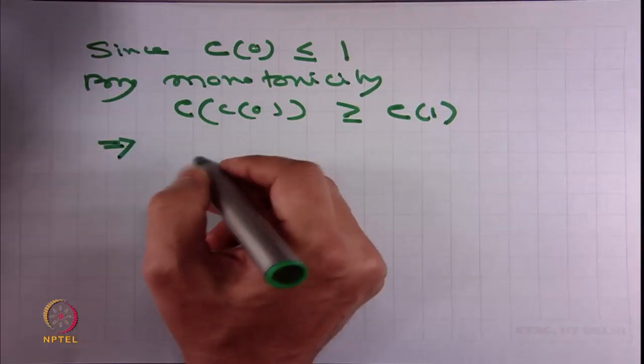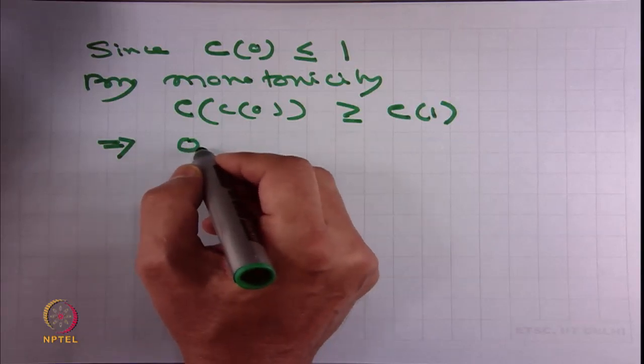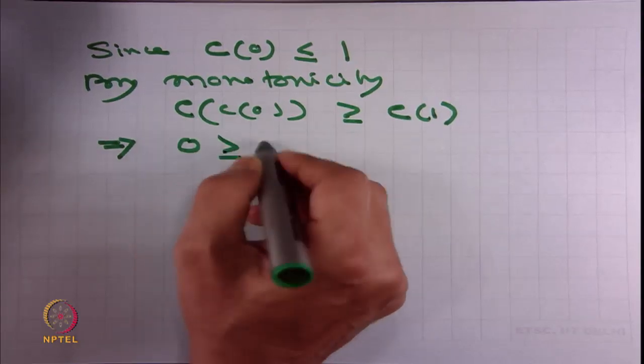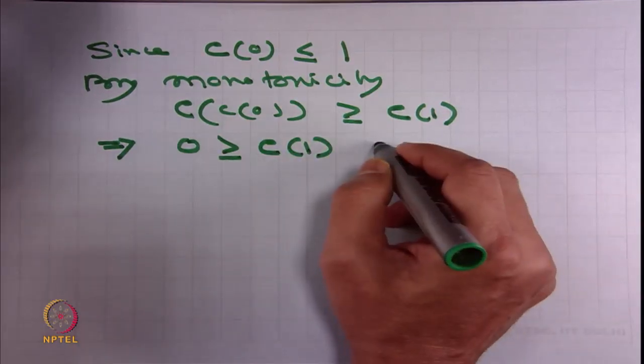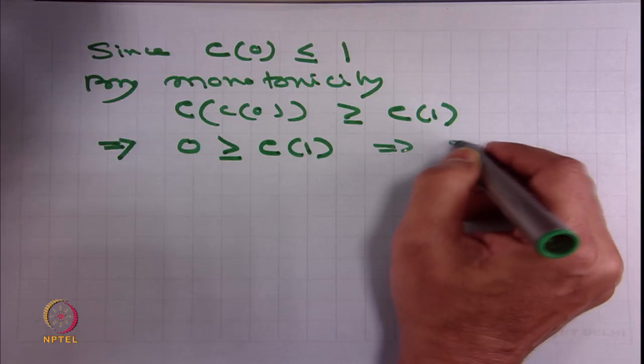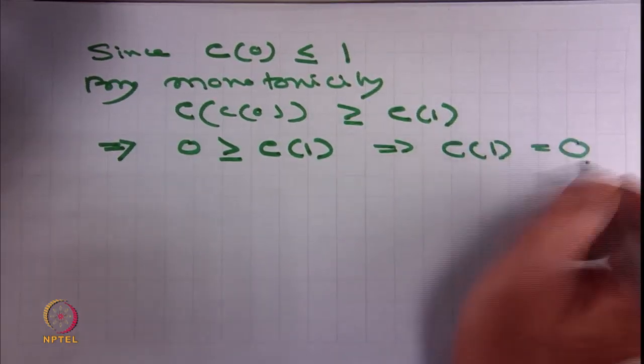which implies 0 is greater than or equal to C of 1, which implies C of 1 is equal to 0.